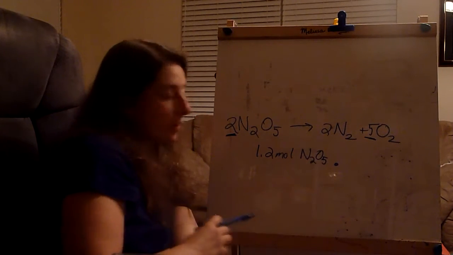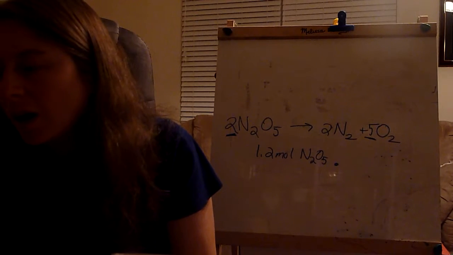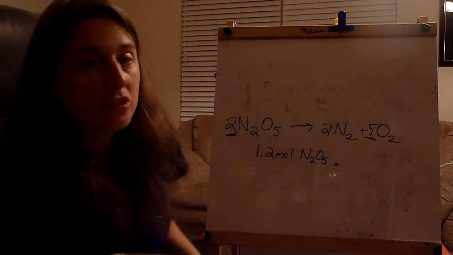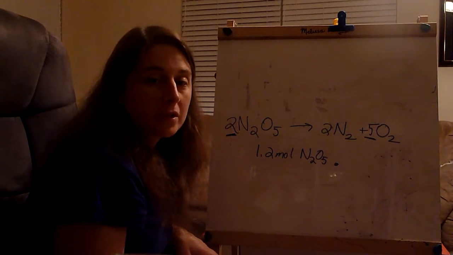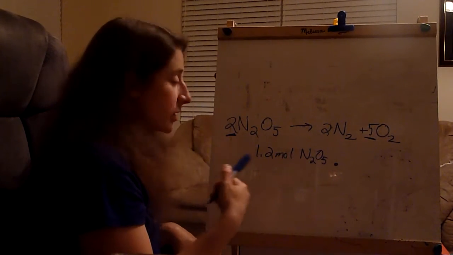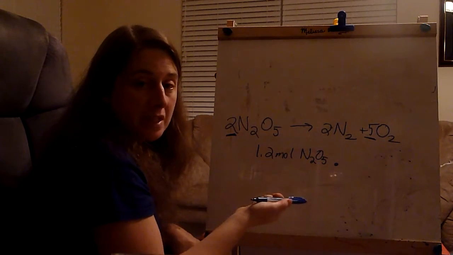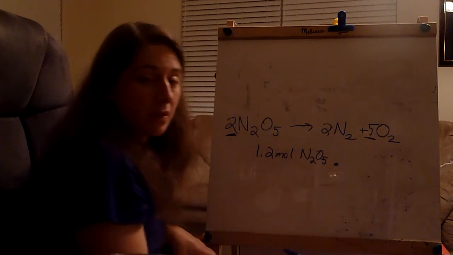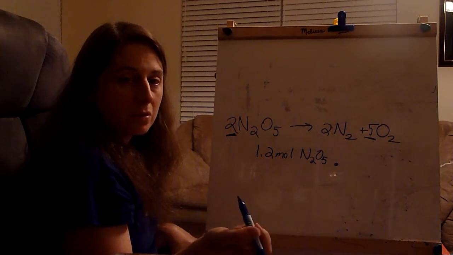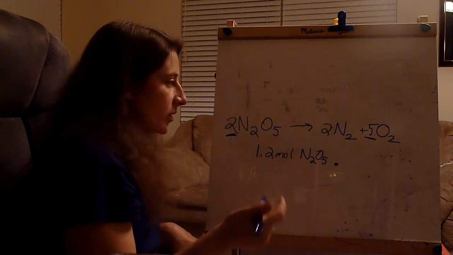Now I want to convert this to moles of oxygen. We've been converting to grams, but you can use your balanced chemical equation to convert from moles to moles. So I want to cancel out moles of dinitrogen pentoxide. I want to end up with moles of oxygen. You can use the stoichiometric coefficients in a balanced equation just like a conversion factor.